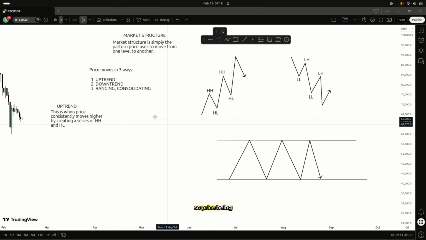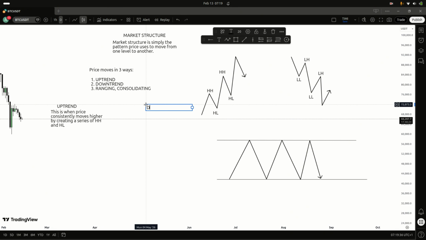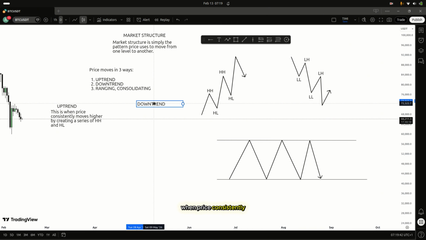So price being in a downtrend is just the vice versa of the uptrend. This is when price consistently moves lower by creating a series of lower highs and lower lows, just like I did show you here.